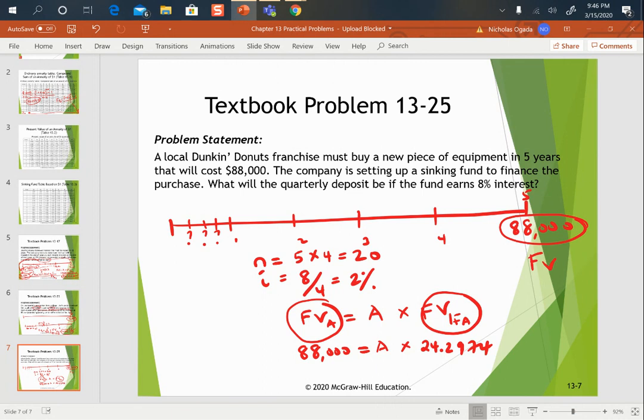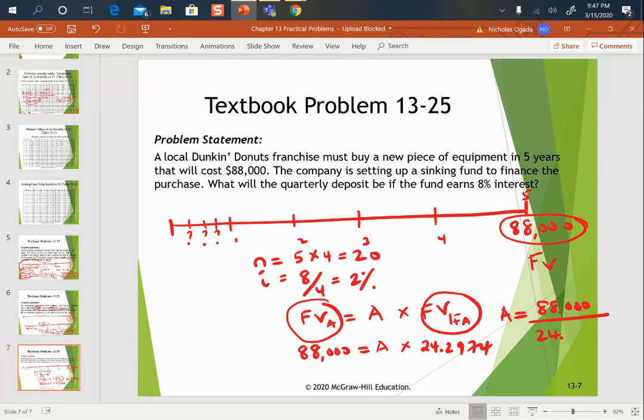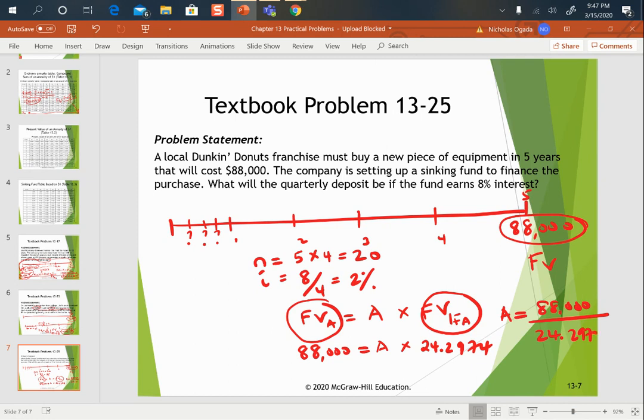And therefore, just to test to see where our answer should fall, our payment, the annuity, should be 88,000 divided by 24.2974.